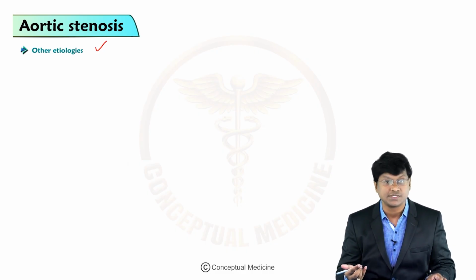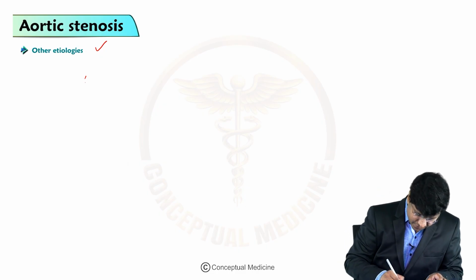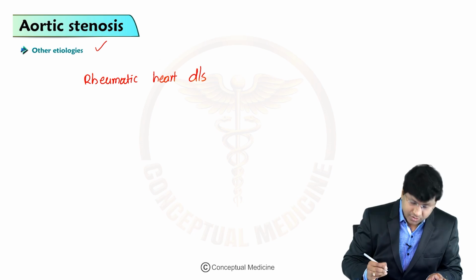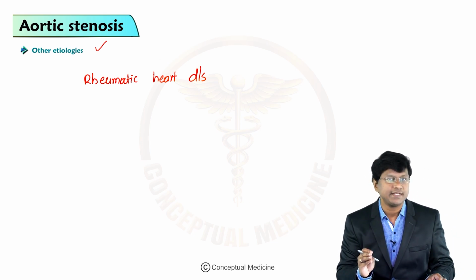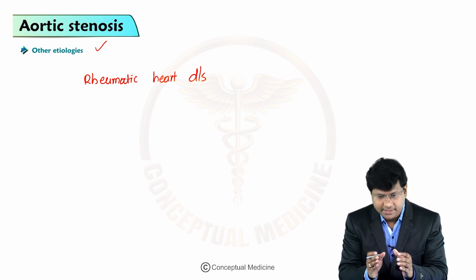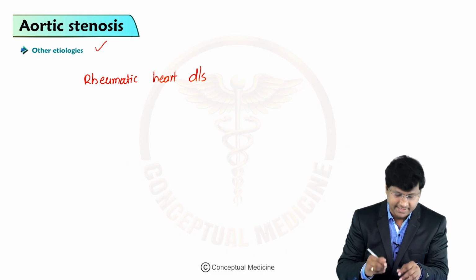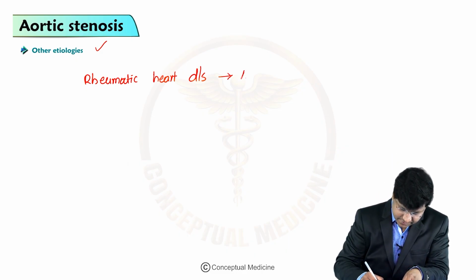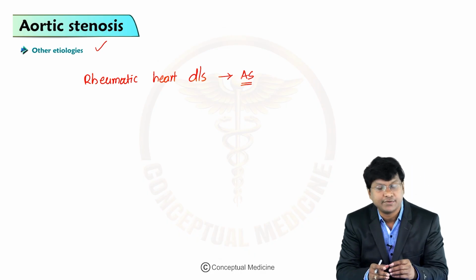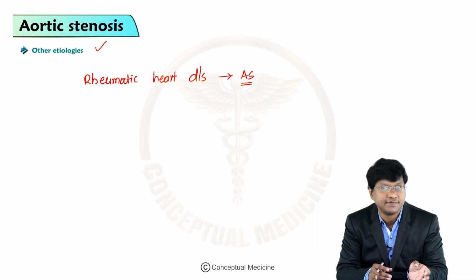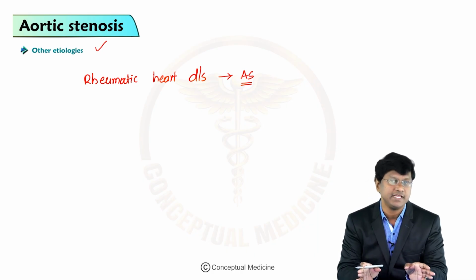Now, apart from congenital aortic stenosis and calcific or degenerative aortic stenosis, the other etiology which will cause aortic stenosis is rheumatic heart disease. But regarding rheumatic heart disease, let me tell you one very important point. In rheumatic heart disease, definitely there can be development of aortic stenosis, and if the aortic valve is affected by rheumatic fever, the mitral valve is also invariably affected.